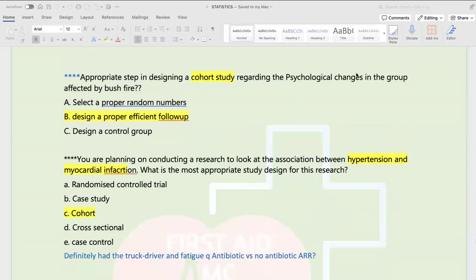It doesn't matter what kind of cohort study we are doing, the most important step is to have a proper follow-up, because this is something which will go for years and years. If you lose the group of patients who you are supposed to follow up, you can't actually do the study. So planning a proper follow-up is a must for a cohort.